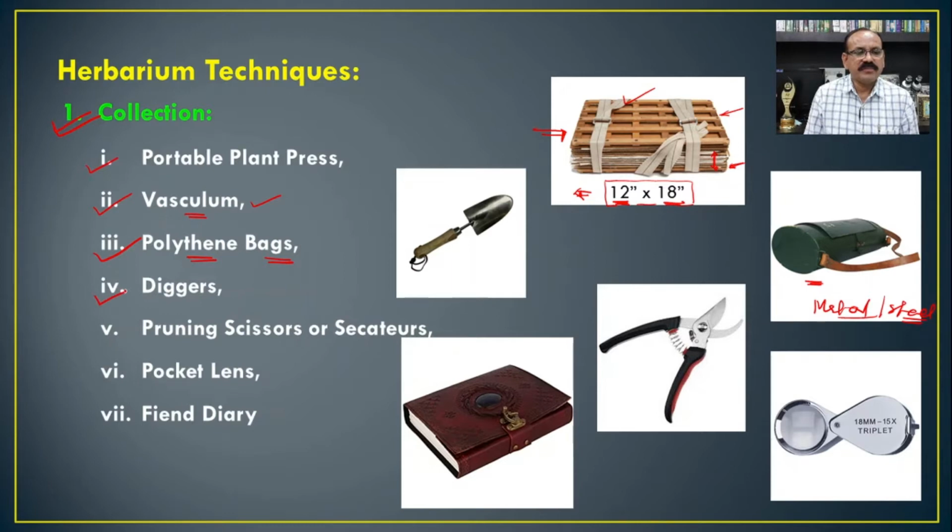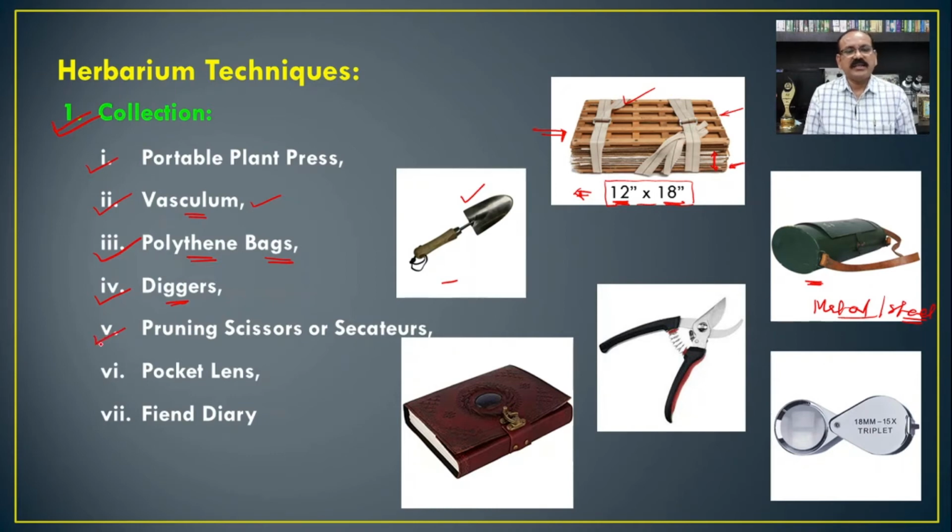Then in case of small plants like herbs, we need to collect them with all the structures, that is the root, stem, leaves, flowers, and the fruit. So there is a need to dig with the help of diggers. So we will need the diggers to uproot the plants for the herbarium sheets, in case of small herbs.